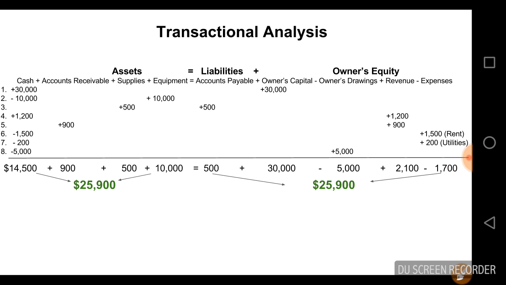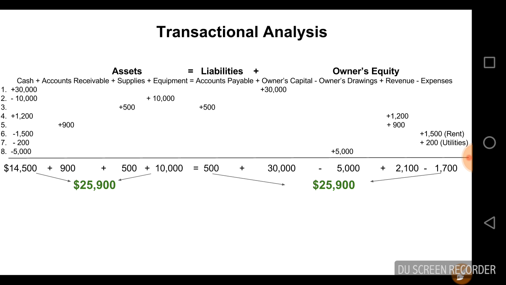The sixth transaction is a rent expense. The owner paid $1,500 in rent. So the owner wrote the landlord a check for the space that is being leased for $1,500. So that's going to increase your expenses and decrease your cash.